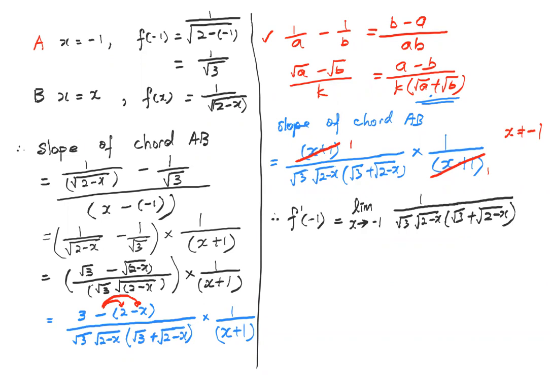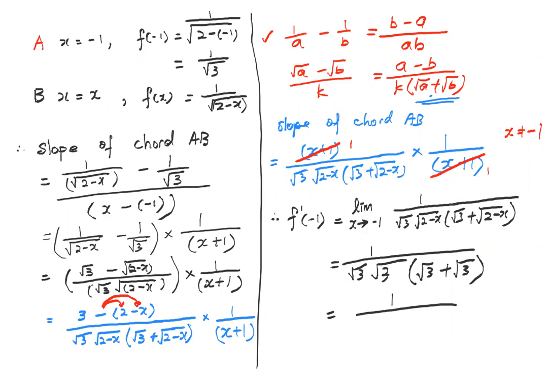Done. So this is equal to 1 over square root of 3 times square root of 3 also, because x approaches -1, correct? Open bracket, square root of 3 plus another square root of 3. You just put your x as -1. So this is equal to 1 over square root of 3 times square root of 3, you got 3.